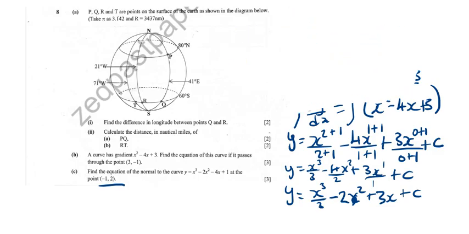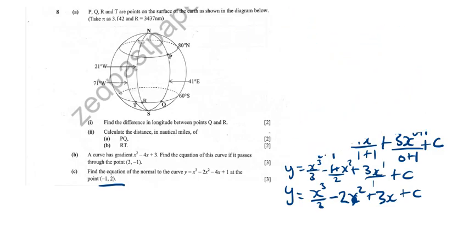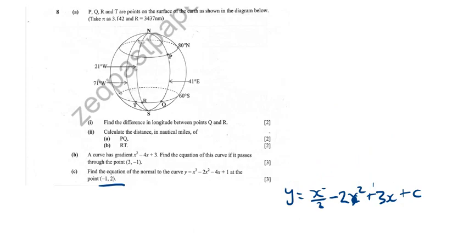So in this case, we are going to say, since you have been given x to be negative 1 and then y to be what? A 2.